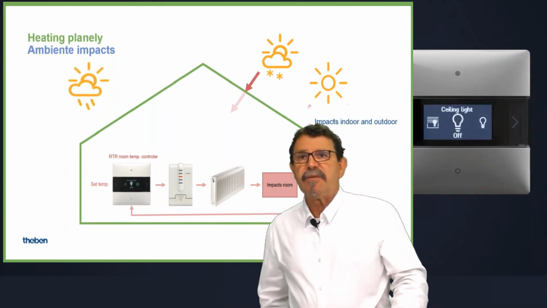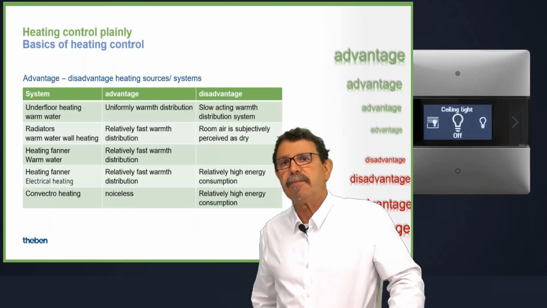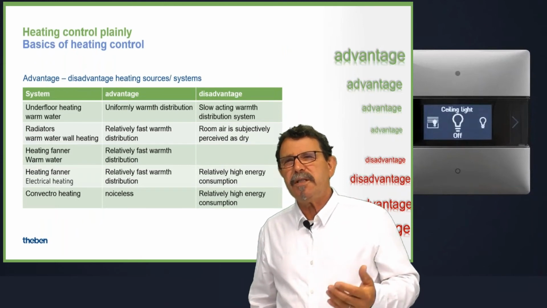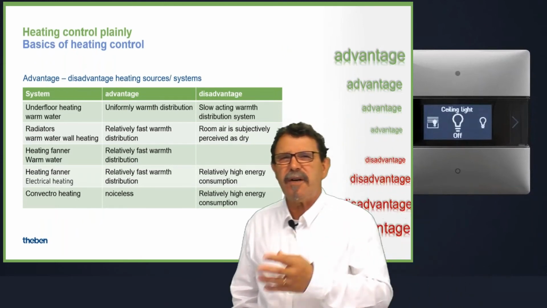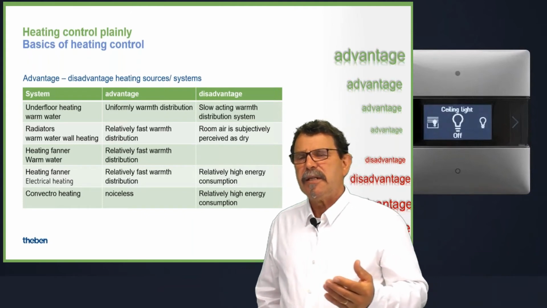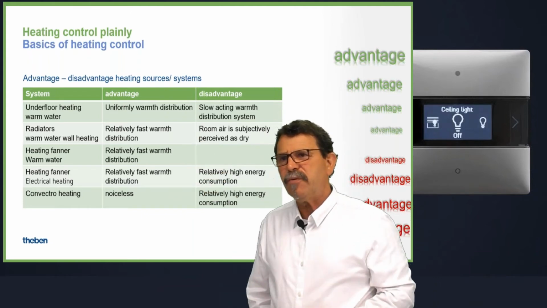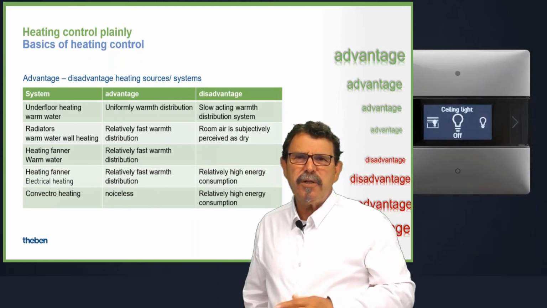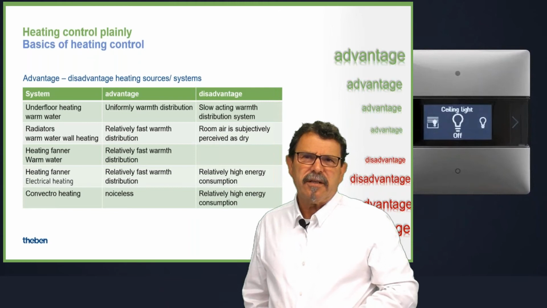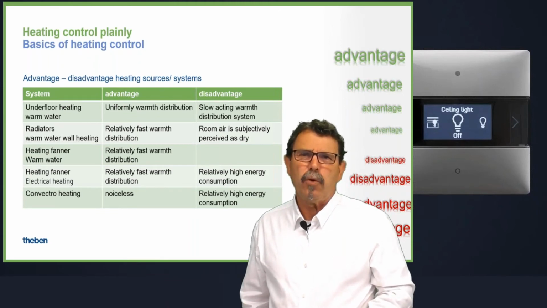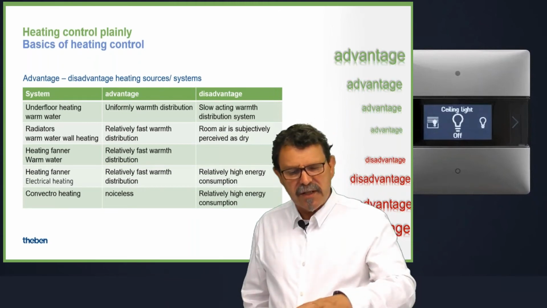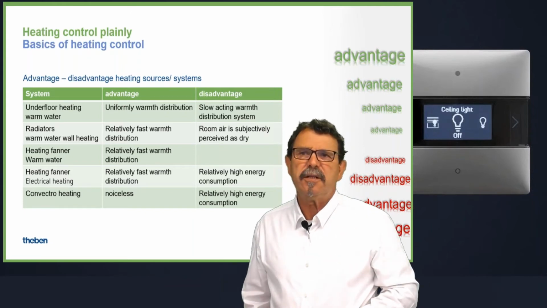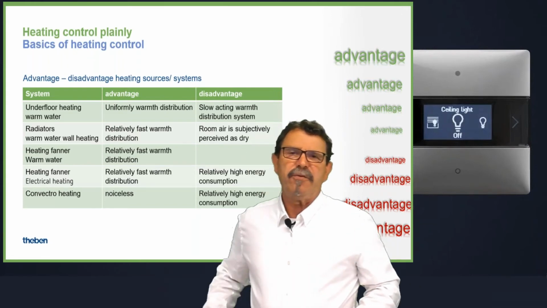Yeah, and finally, when it comes to the different systems or the recommendations, what we have to consider, what are the advantages here, what are the advantages there. So you see, for instance, we have underfloor heating, warm water. What is the advantage? We have absolutely uniform transmission of the warmth, because we have a good network in the ground, a perfect distribution of the warmth.